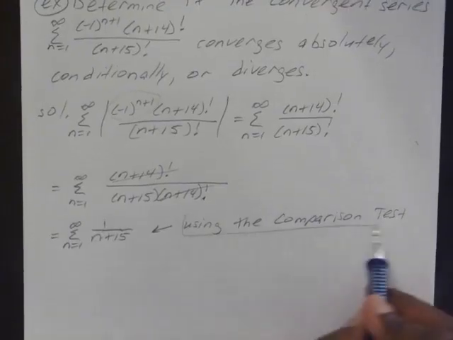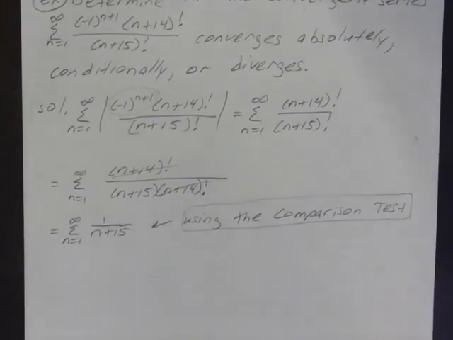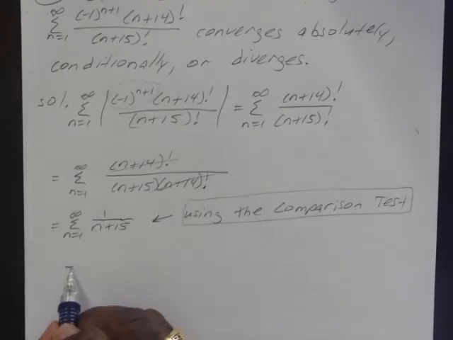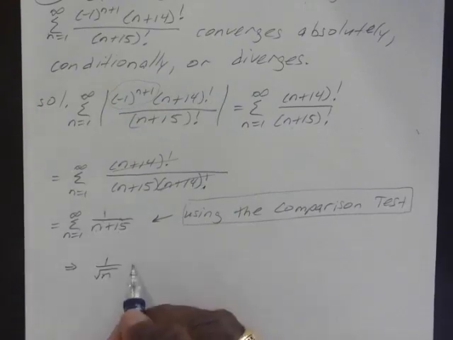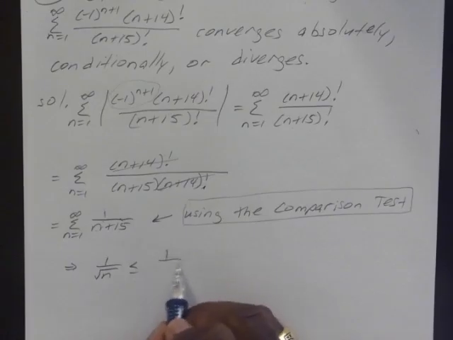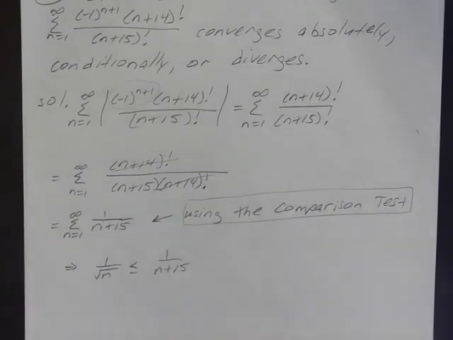Okay, so if we use the comparison test, what if we have 1 over the square root of n? Well, we know that is less than or equal to 1 over n plus 15.